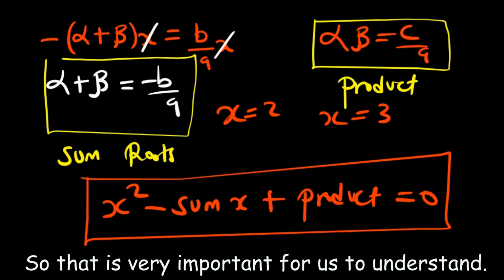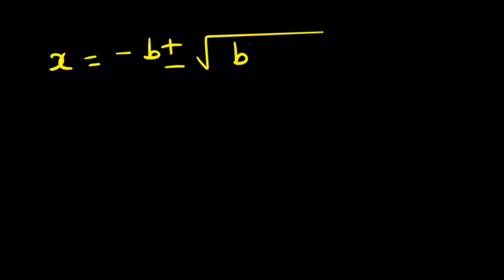Okay, so that is very important for us to understand. Then we know that the quadratic formula is x is equal to negative b, plus or minus the square root of b squared minus 4ac, everything over 2a.